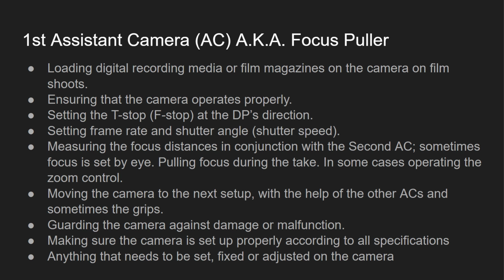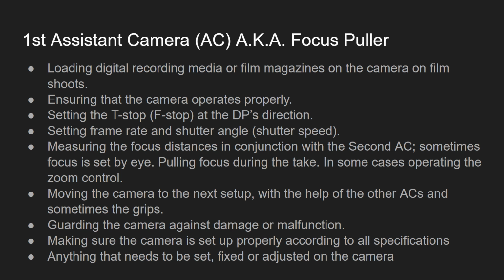With the help of the second AC, they'll be loading media into the camera. They basically have to ensure that all technical aspects of the camera are working properly. So they are ensuring that the camera is operating as it should, and all the technical settings have been dialed in to what the director of photography has specified.